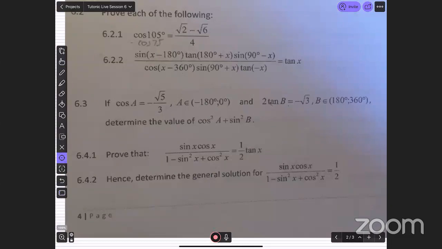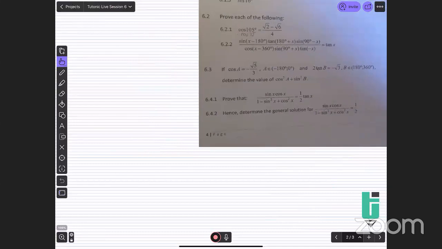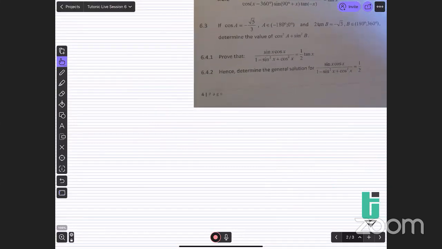Yes, this one you can also do. Let's just do this one, 6.3. Which quadrant is our triangle going to be in? Is cos negative or positive? It's negative. So in which quadrants is cos negative? Second and third.